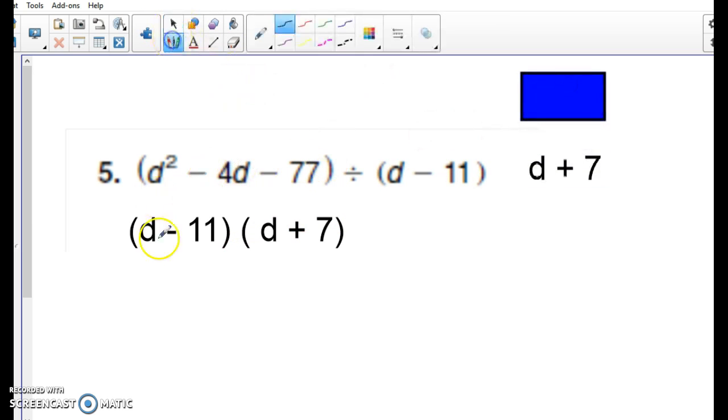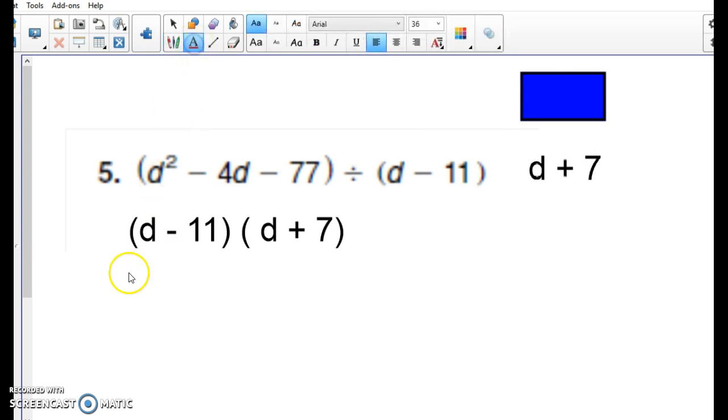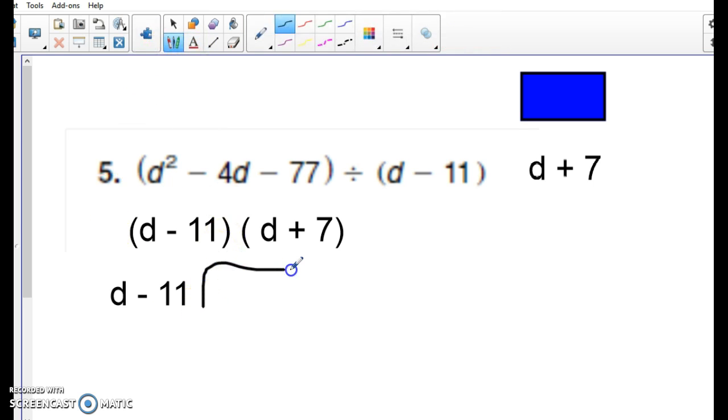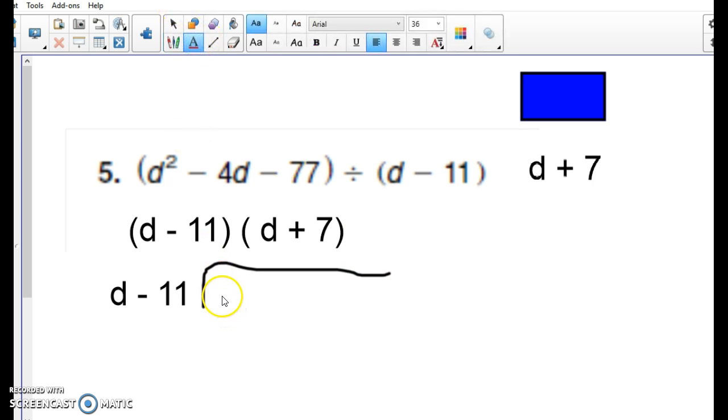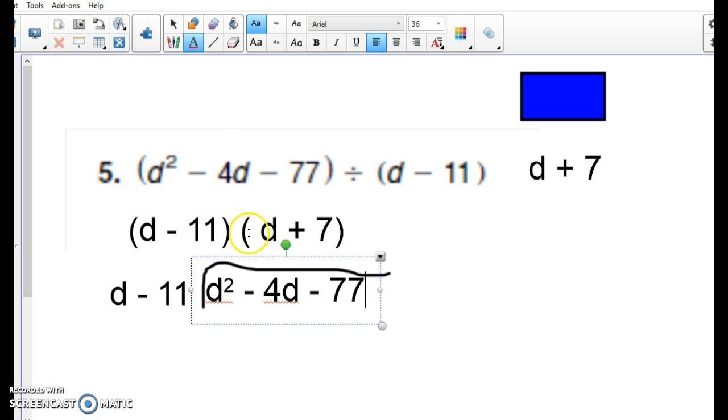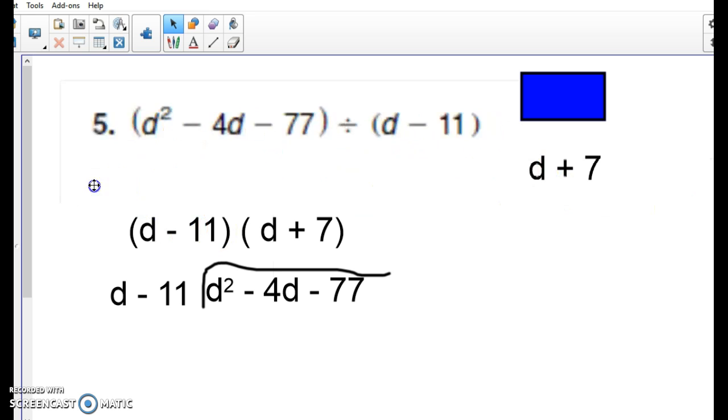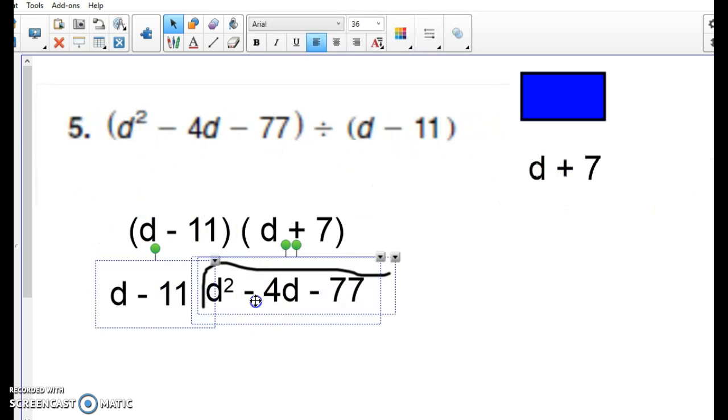The other way to do it is to set it up like a division problem: d minus 11 divided into d squared minus 4d minus 77. This is the way the book is going to teach it, which is completely fine, but I like it better thinking like a multiplication problem instead of a division problem. Let's bring this down so we have some room.